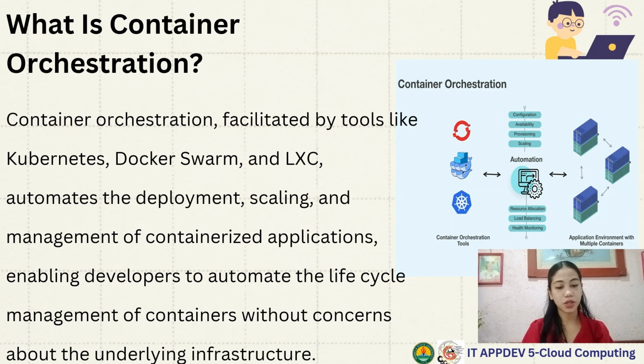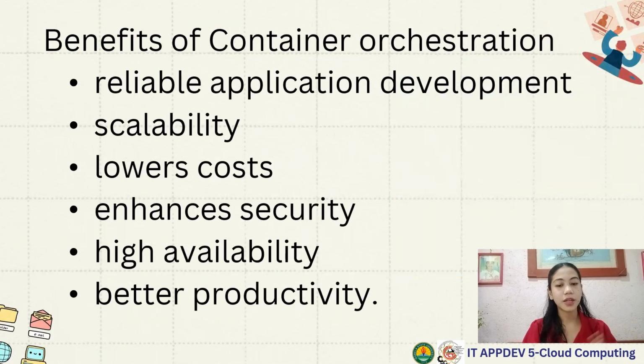Container orchestration can be used in any computing environment that supports containers, from traditional on-premises servers to public, private, hybrid, and multi-cloud computing environments. There are benefits of container orchestration, and these are reliable application development.